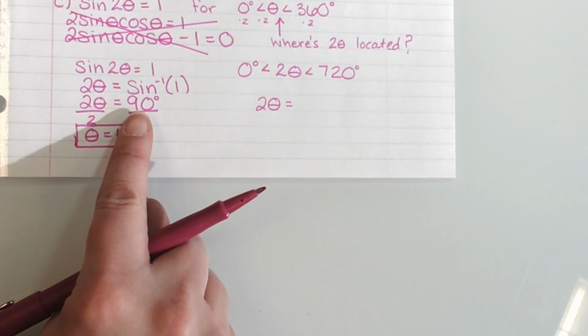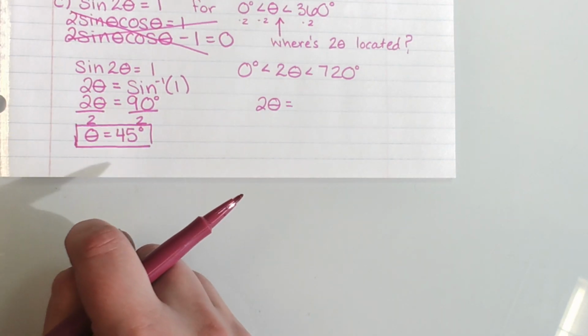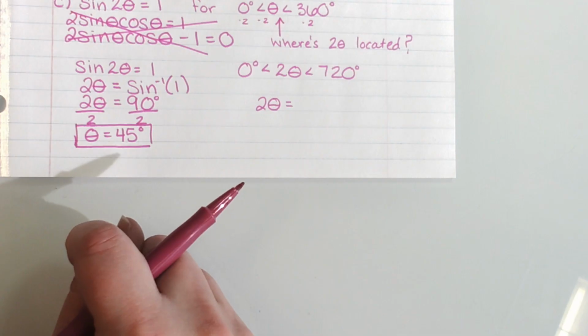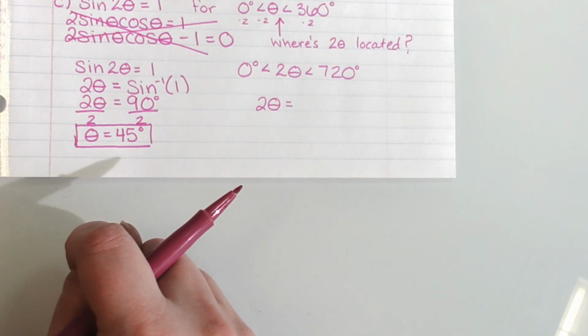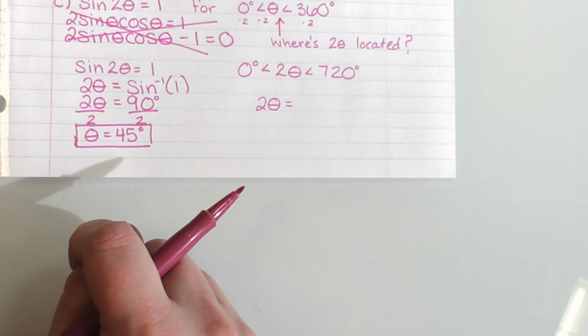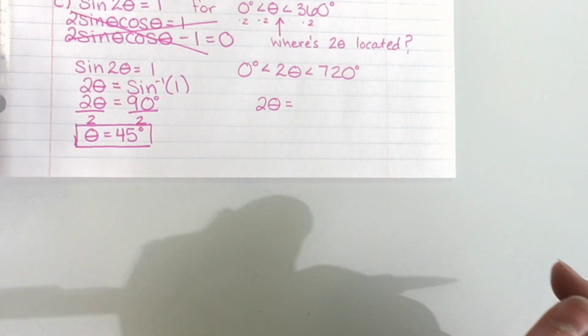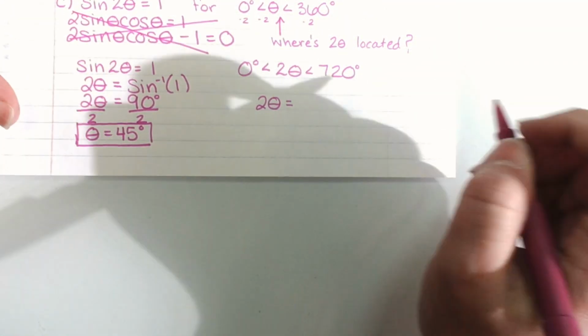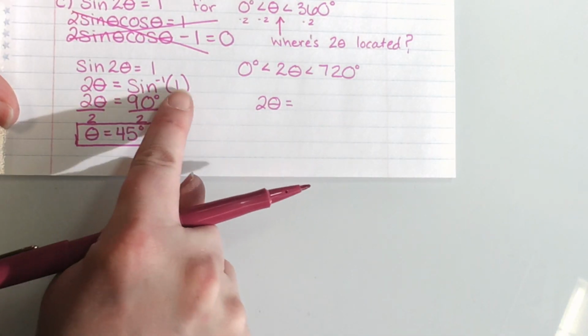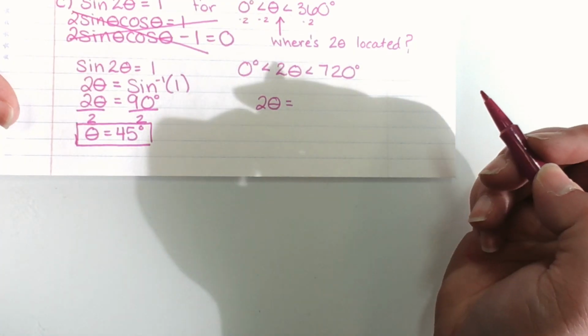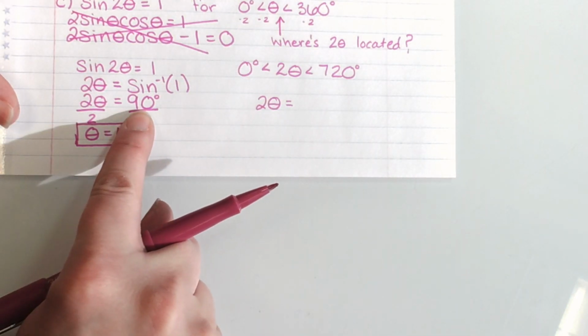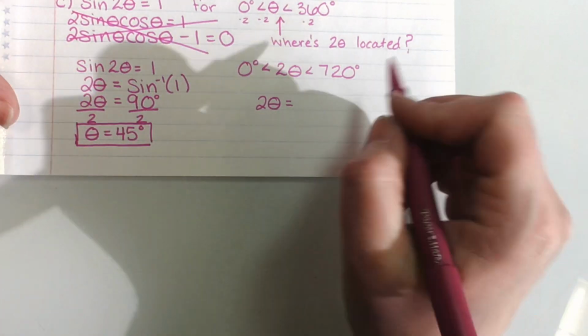450. Sine will be 1 at 90 and any angle coterminal to 90. So when I do my sine inverse of 1, I can also look at angles coterminal to what I get.